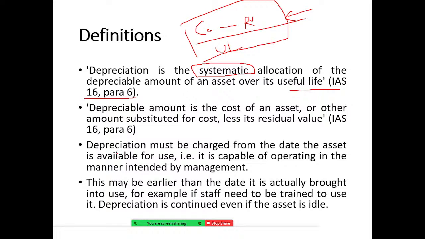So depreciation must be charged from the date the asset is available for use, not from the date of acquisition. The depreciation should start from when it is available for use, that is, when it is capable of operating in the manner intended by management.